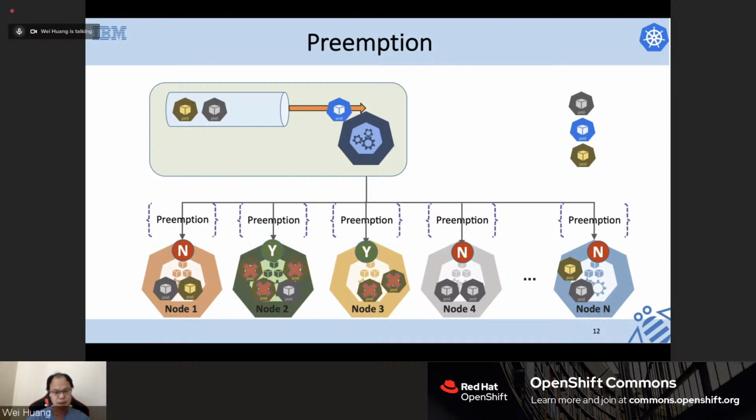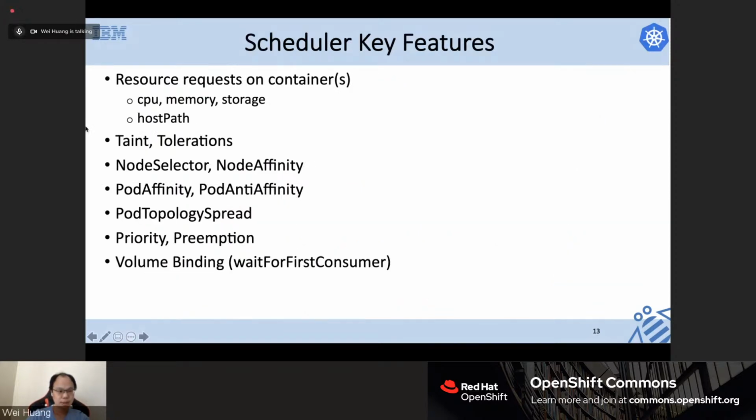For example, to preempt the lowest priority pods as much as possible, instead of preempting the higher priority pods.